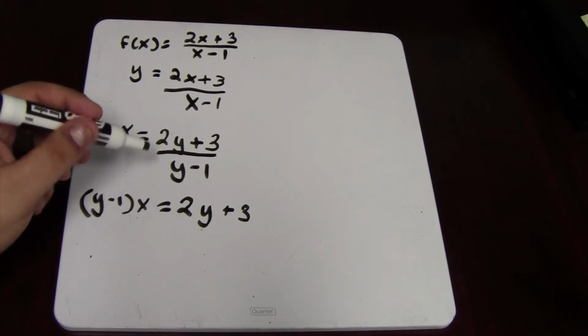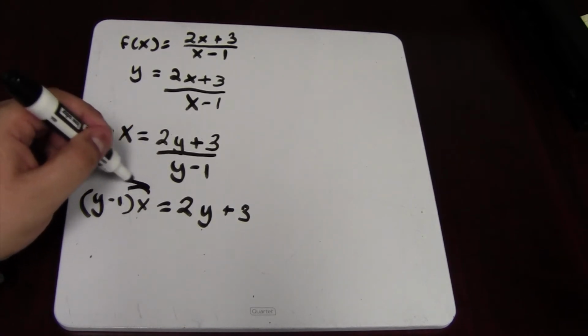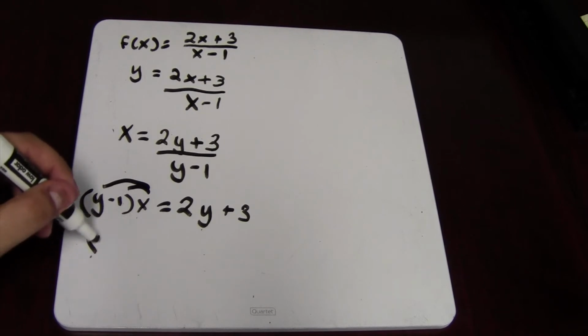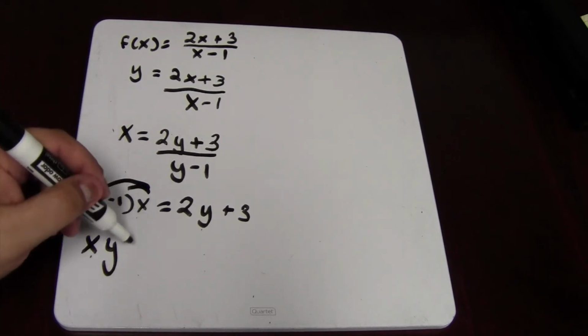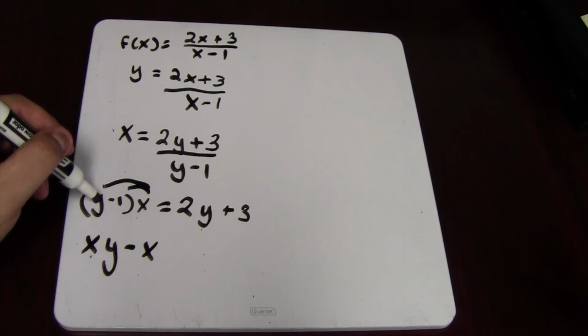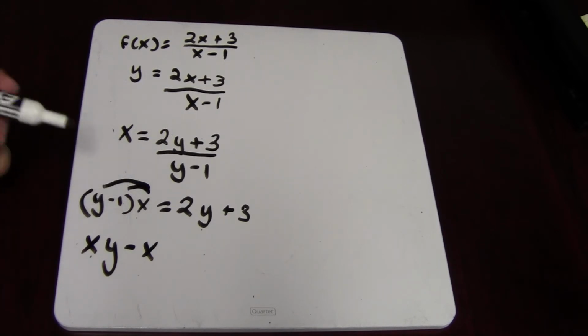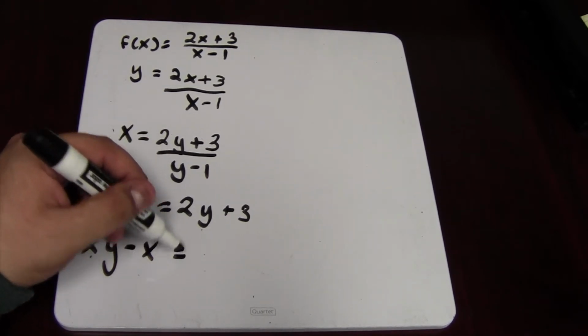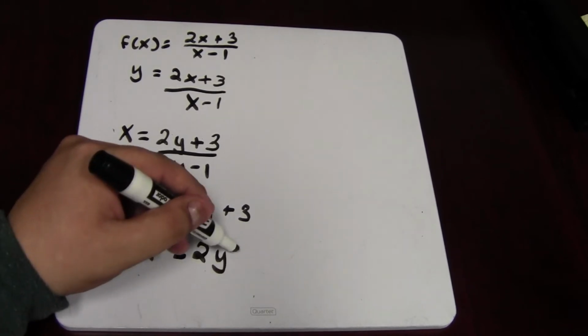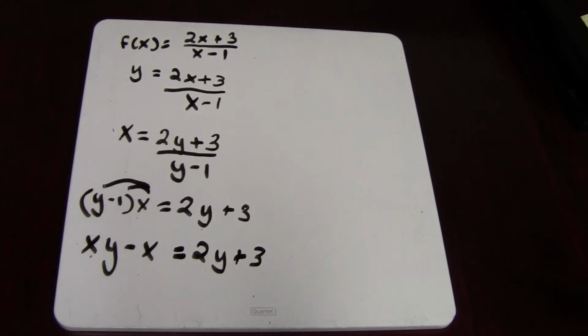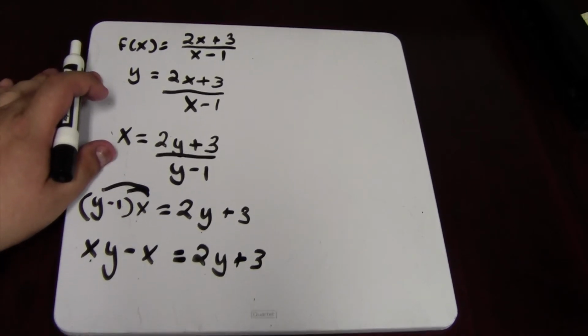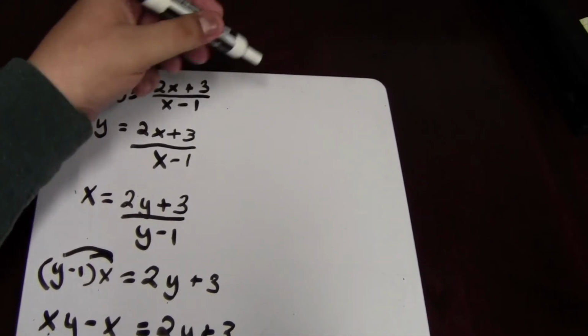Next up, we need to distribute this x in, so we'll do that here. This x times y is xy, and then x times -1, that's negative x, and this is equal to 2y plus 3. So we didn't do anything to that side. All right, let's come up here now and continue this problem.